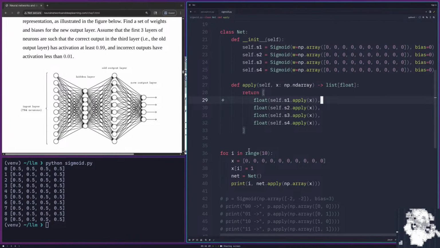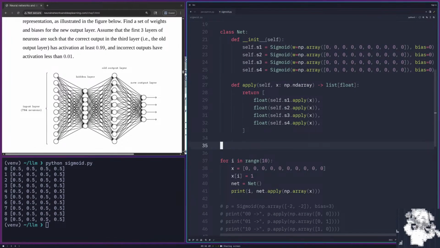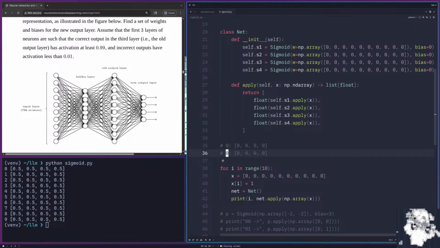So the thing is, this is the string, this is what I'm looking for: you go 0, 0, 0, 0. This is going to be 0. Then 1 would be this.